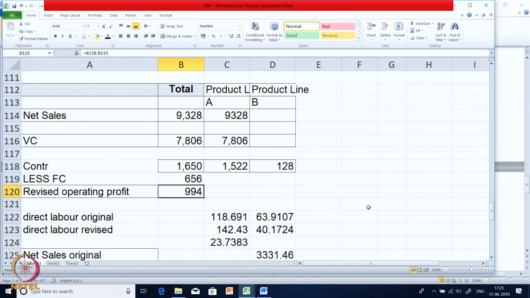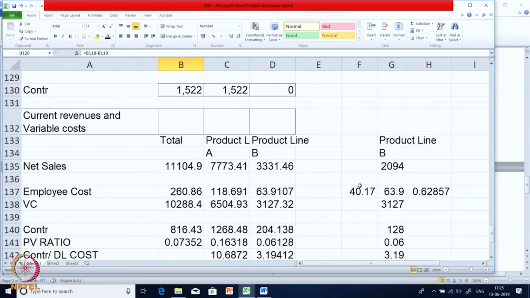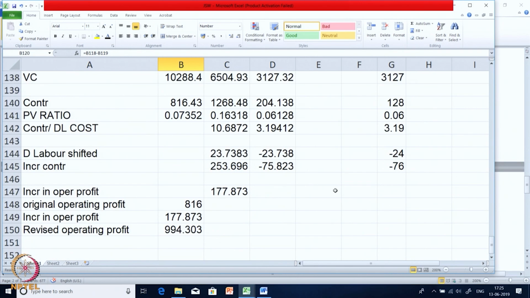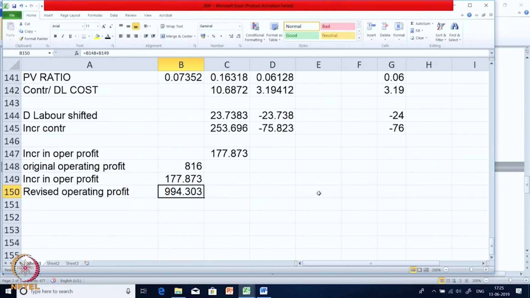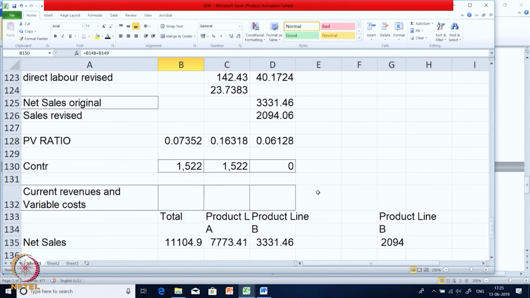We could do it in two ways. Here we had done it as a shortcut, directly computing the revised contribution to get operating profit, or you do the full calculation, then also you get the revised operating profit as 994. I hope you are getting it.